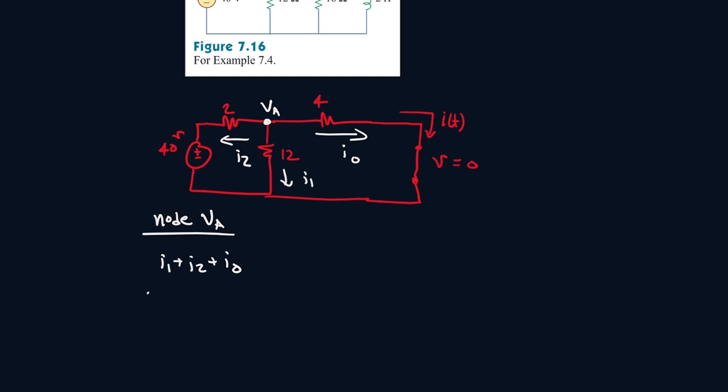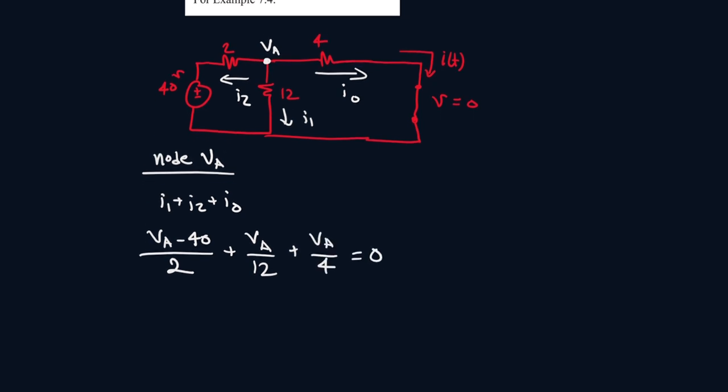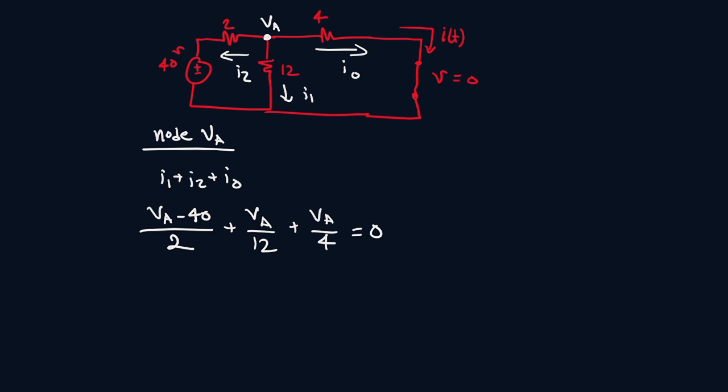So I1 will be VA minus 40 all over 2, plus I2, which will be VA over 12, plus I0, which will be VA over 4, equals 0. So let's add up all our VAs.